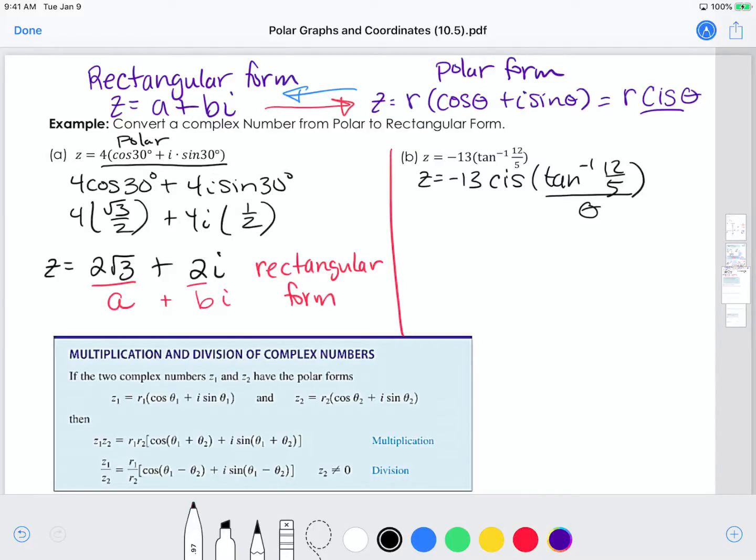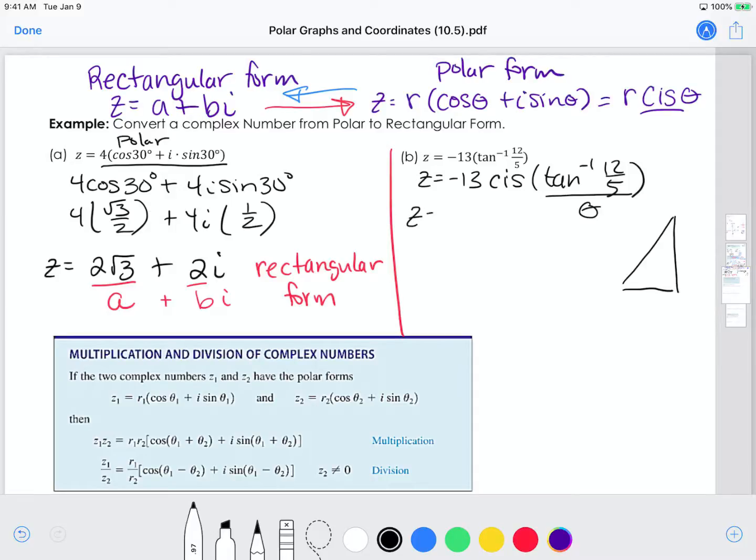Okay, now for this example in part B, it's given to us in polar form, but it's written in shorthand, and it's given the angle in a little bit of a different format. Instead of directly giving us the angle as 30 degrees or 45 degrees, it's given us the angle so that we can make our triangle.